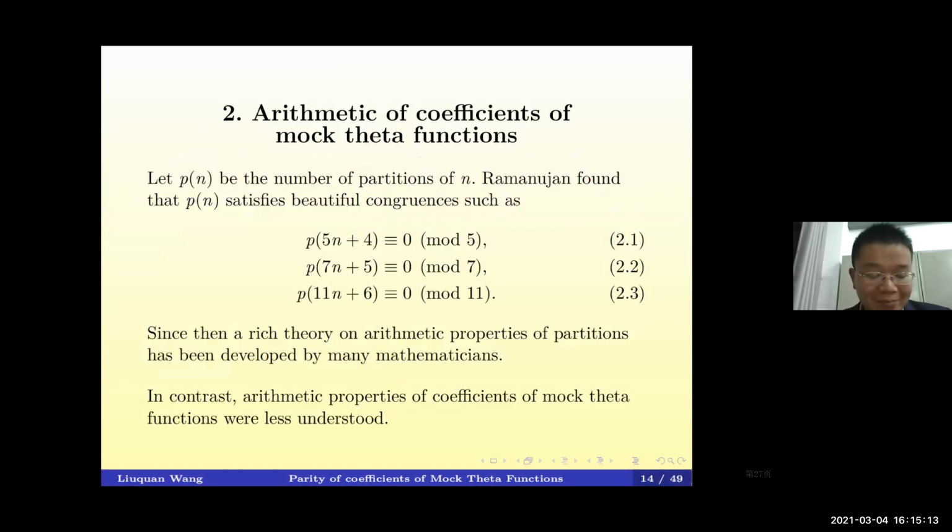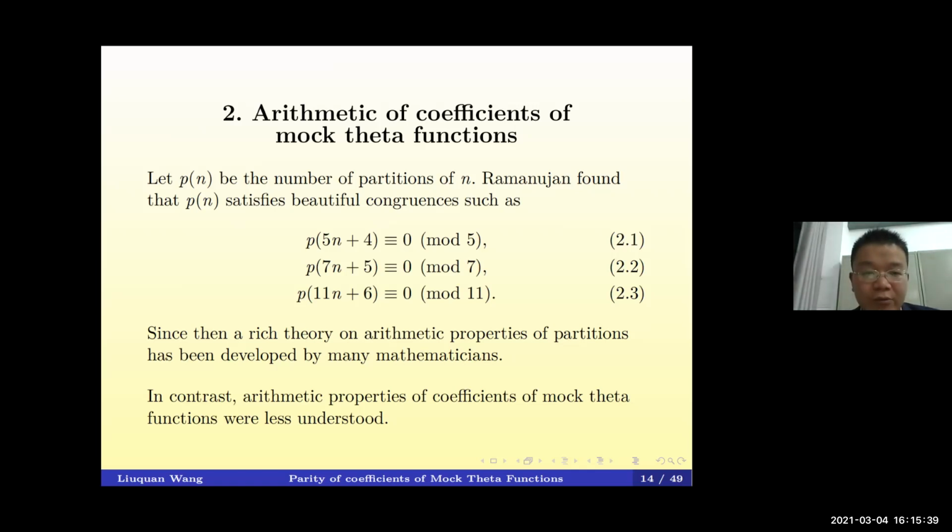As my talk is about parity, the modular transformation properties or the equivalent representations will not be the central topics. What I am considering is the arithmetic of coefficients of these functions. And this research was motivated by the leading research by Ramanujan on the partition function.